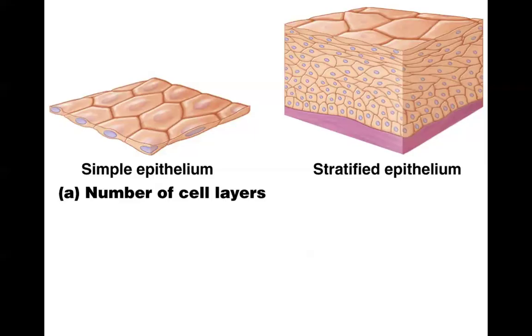In the pseudo-stratified, it's a mixture of both. So one cell has a part of it touching, and some cells have a part of them touching the basement membrane, and the other part touching some other cell. So they look like that.